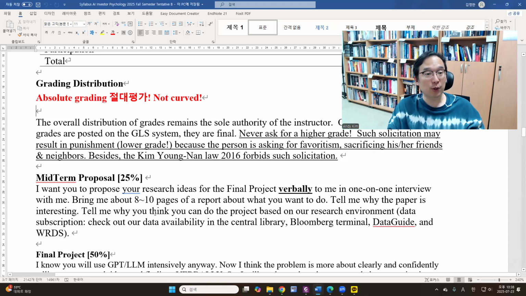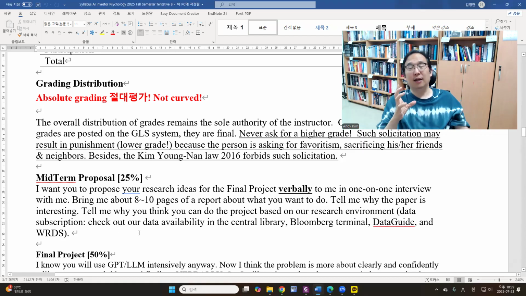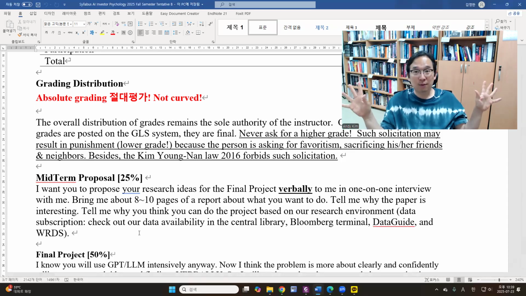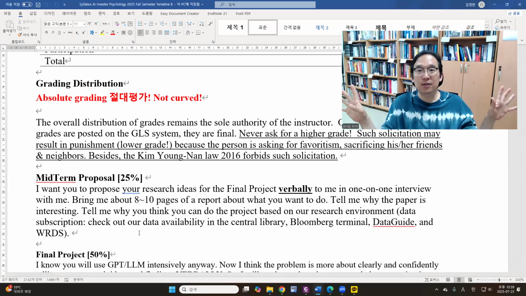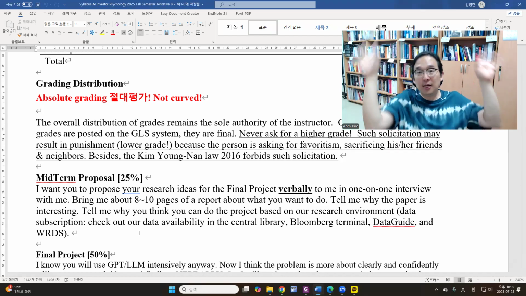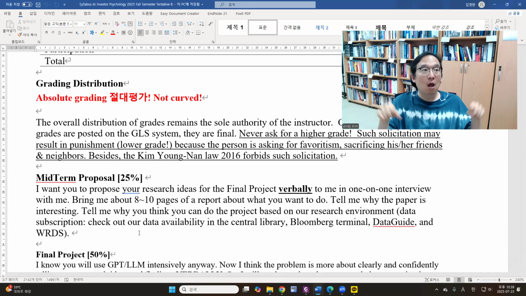Tell me why you think you can do the project based on our research environment, data subscription, and things like that. Well, you will realize so many great research papers are available in the conferences and journals. They use a lot of different data sets themselves, but there's a limitation in our school.